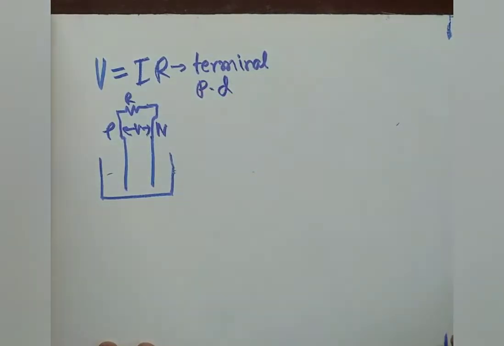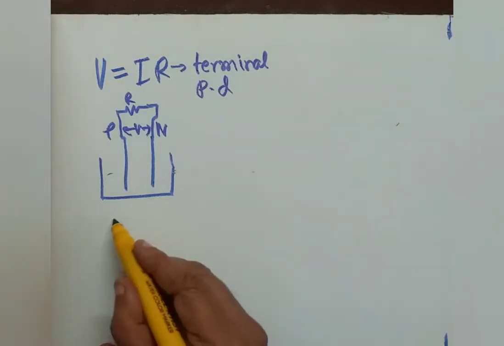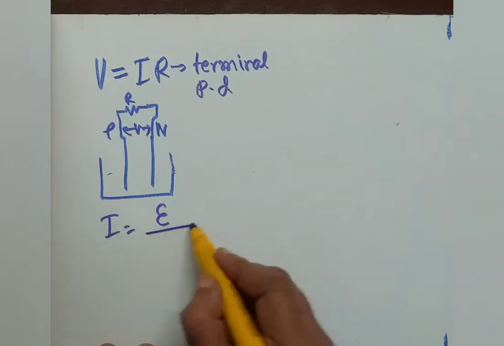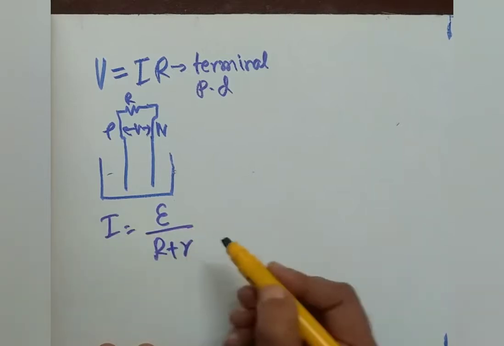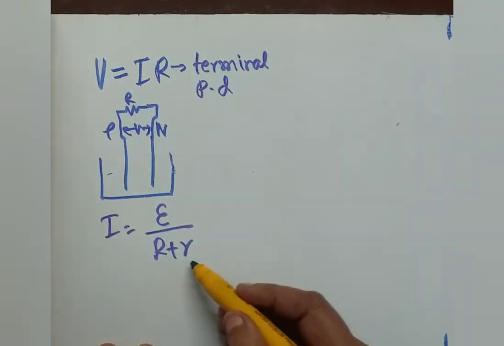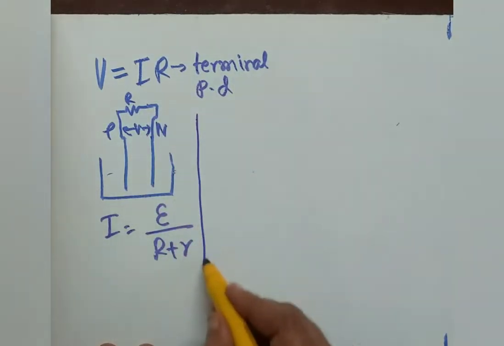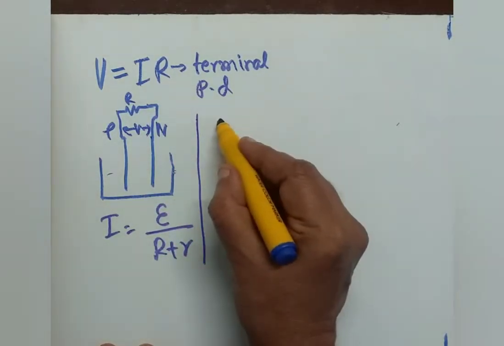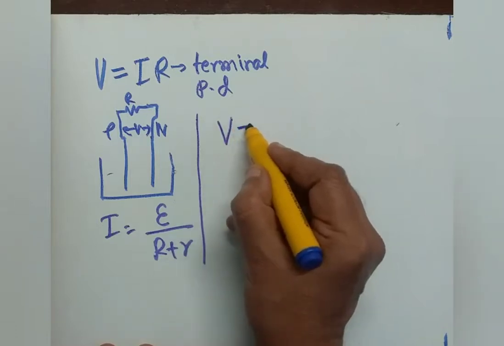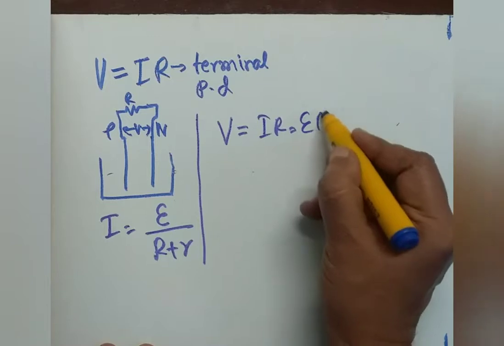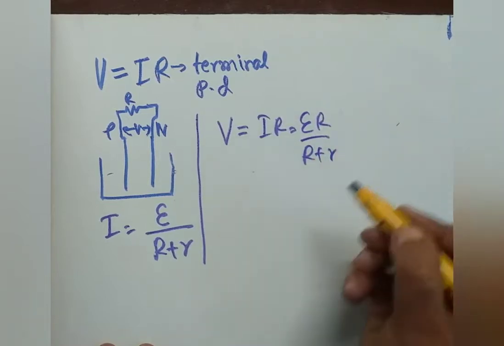Terminal potential difference. Therefore, yesterday we wrote the expression for current as I equals E, the EMF, divided by R plus r, where r is the internal resistance of the cell and capital R is the external resistance. So from this, terminal potential difference V equals I into R, which is ER by R plus r.